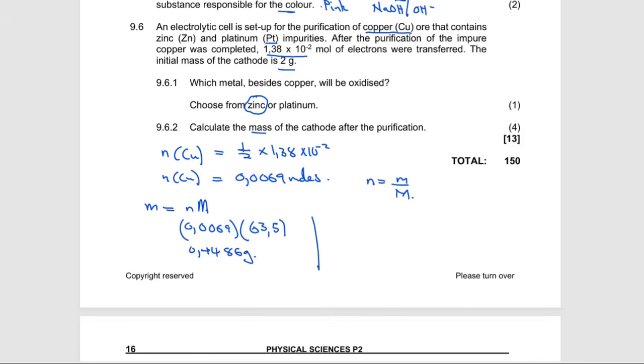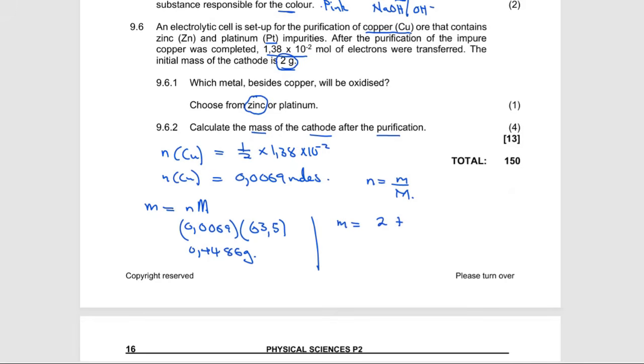So now to proceed there, since we are saying the mass of the cathode after the purification, we started with our M there, which is equivalent to the mass of the cathode, which is equivalent to 2 plus. Remember we're given 2 grams there, right?